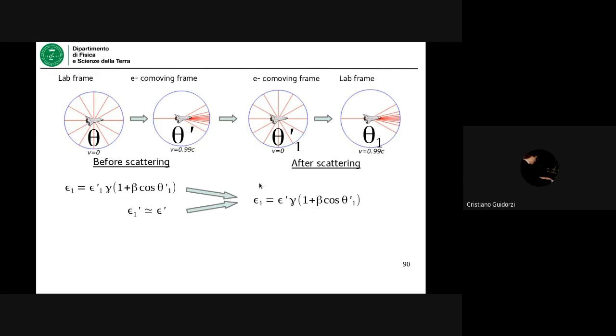So if you combine the two, it means that epsilon1 is just this guy here. On the other side, using the Lorentz transformation, you can express epsilon prime as a function of epsilon this way.